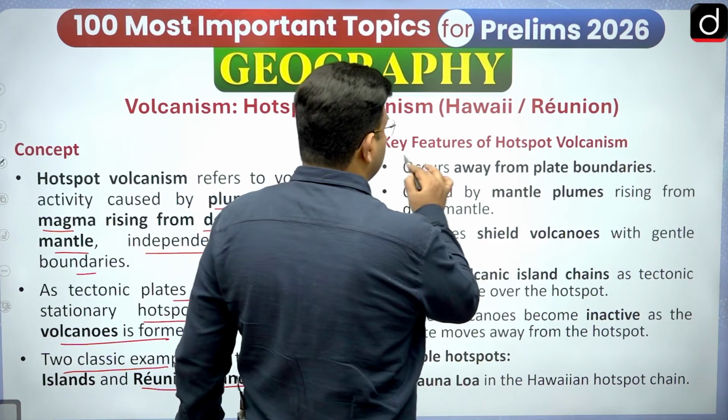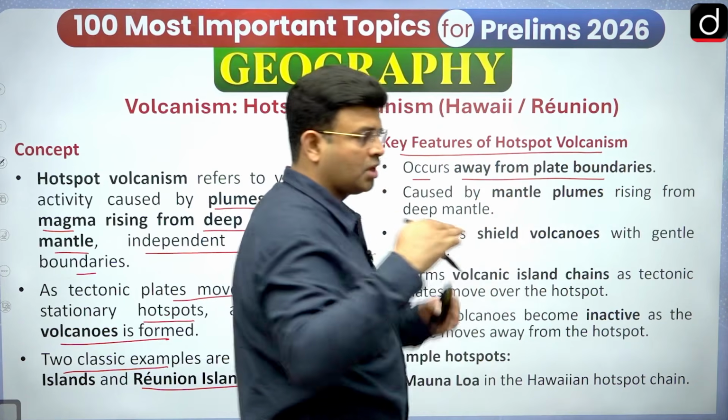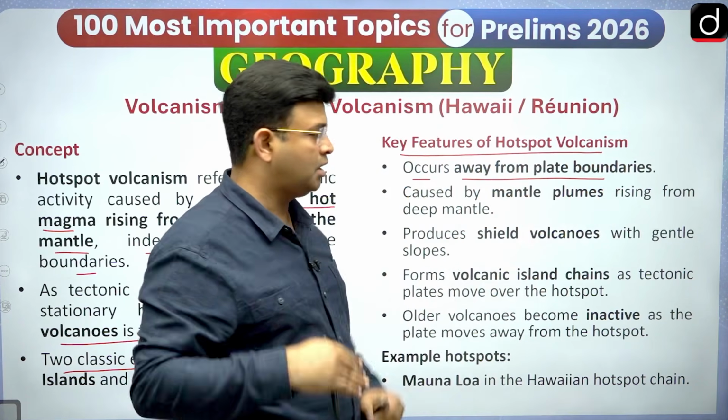Key features of hotspot volcanism: it occurs away from plate boundaries, not along them, but within the intraplate.